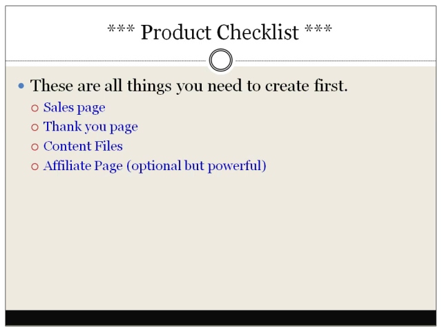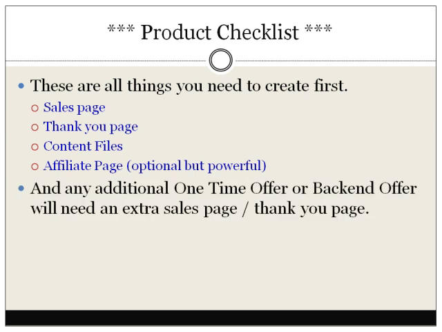This is optional but powerful, and I'm going to talk more about how to create the affiliate promotional tools later on. And of course, any additional one-time offers or back-end offers will need extra sales pages and extra thank you pages. In other words, you're going to need additional pages for these.